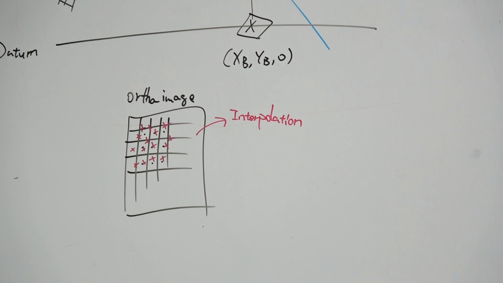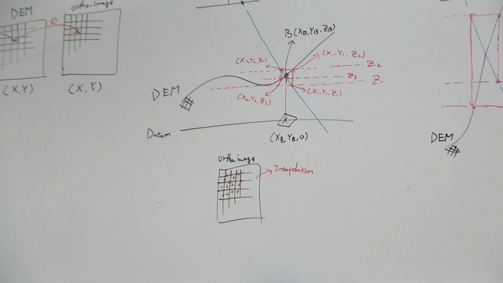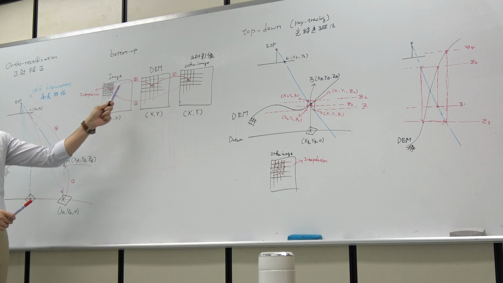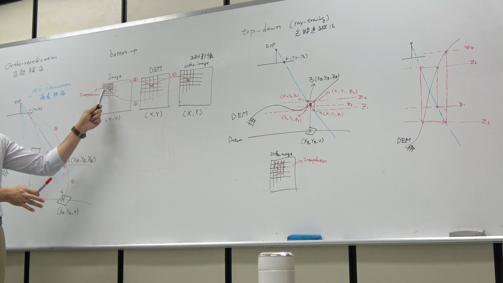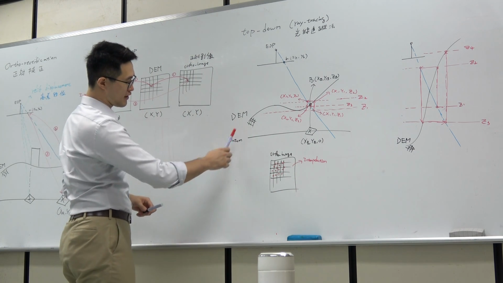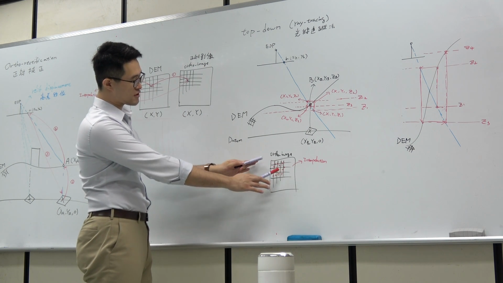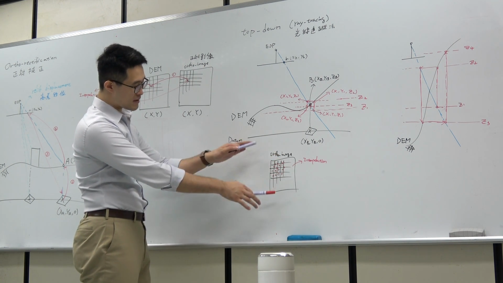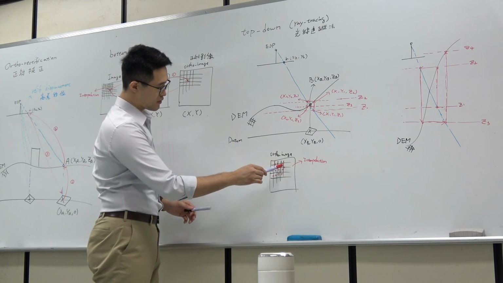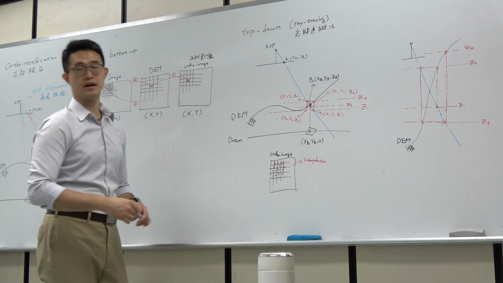Okay, so these two processes both require one interpolation. For the bottom-up, it is over here: you have random locations, and then you need to perform the interpolation on the image. For the other one, you have the ortho image, you put a lot of projected red crosses over here, and they may sit on random locations, and then you need to perform the interpolation over here to find out the supposed information for each pixel.